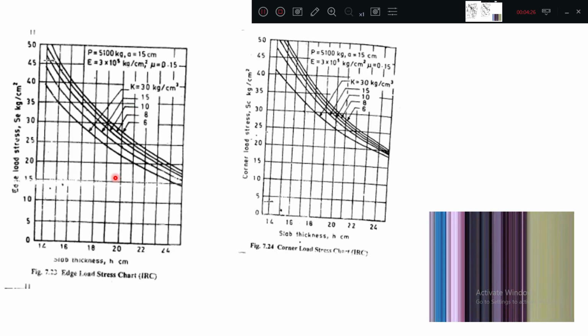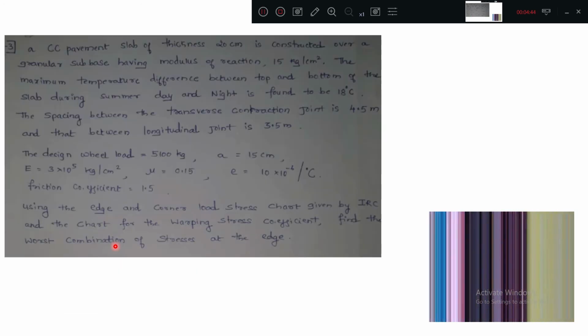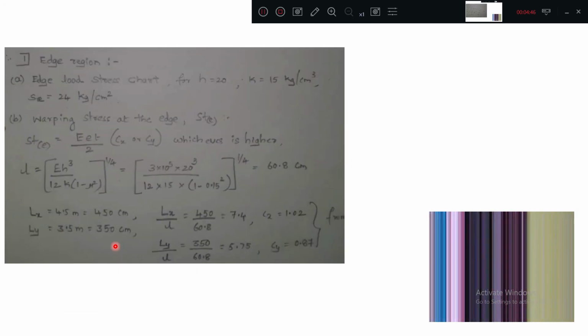This one: edge, h 20, k equal to 15. So that is 24. That is 24, like this. It's 24. Load stress at edge.